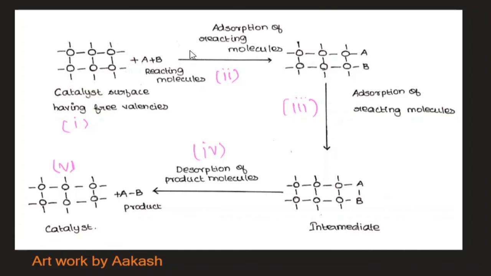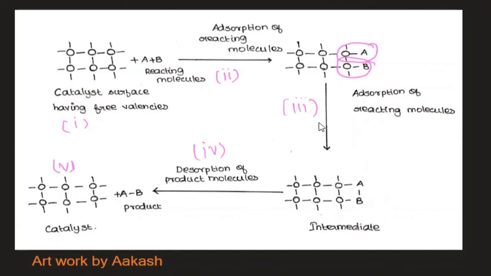Second stage is the adsorption of reacting molecules on the surface of the catalyst. So now it is getting adsorbed here. Do you understand this? A and B, these are the reactants, they get adsorbed. And because of the proximity of these two reactants, they are capable of reacting. So now they have formed an intermediate state after the chemical reaction.